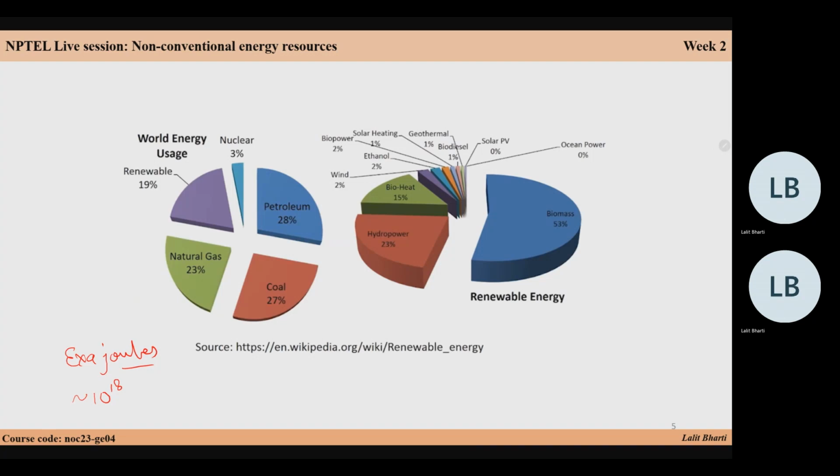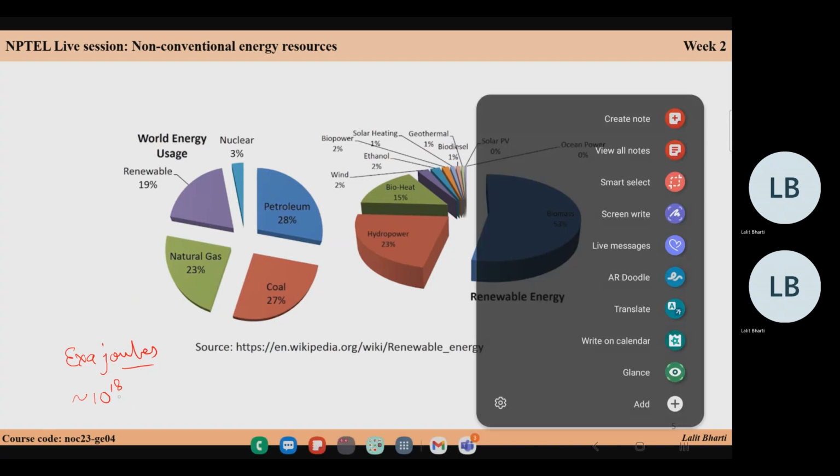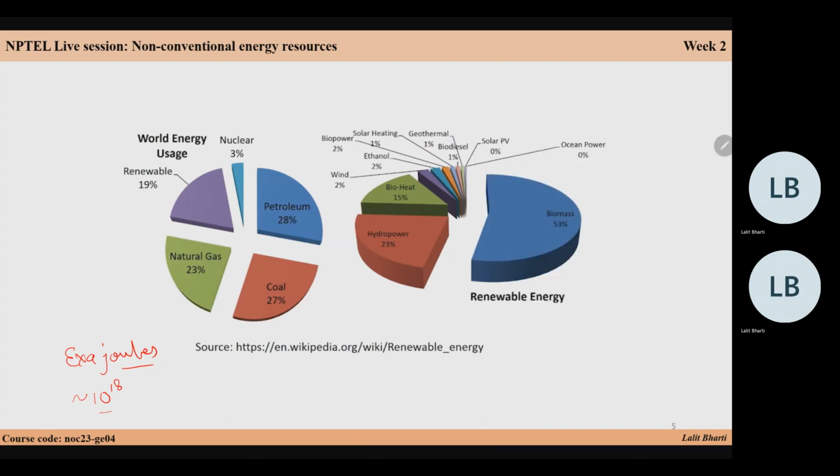This is the amount of energy estimated, and this is again the division of energy depending upon the way it is produced. Renewable is only 19%, and the rest of the energy is from conventional energy sources.